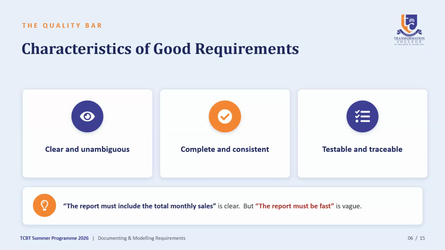Another characteristic is that it must be testable. We often hear people say, "Oh, I want my system, or the website, or my platform, or my app to be user friendly." Now, as a business analyst, you don't just put that in your document.